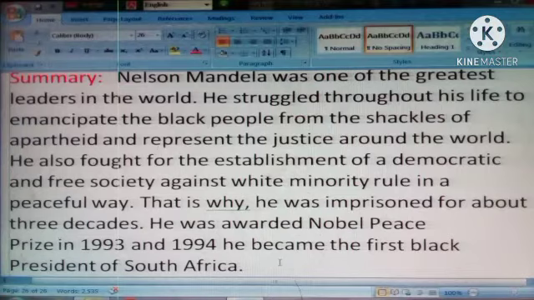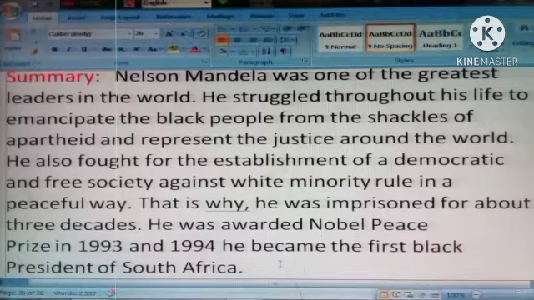He also fought for the establishment of a democratic and free society against white minority rule in a peaceful way. That is why he was imprisoned for about 3 decades. He was awarded the Nobel Peace Prize in 1993, and in 1994 he became the first black president of South Africa.